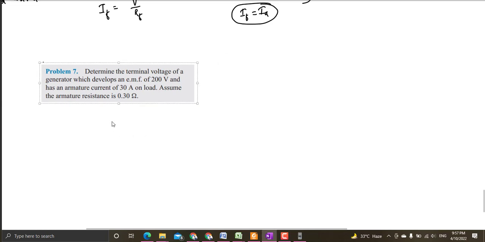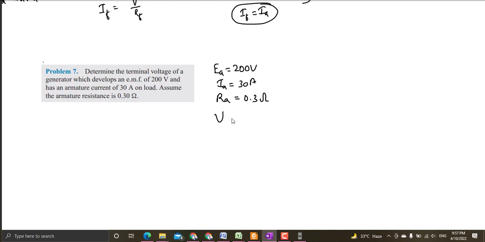The data given is EA, the generated EMF, is 200 volt, and the armature current IA is 30 amp when it is connected to the load. Assume the armature resistance RA as 0.3 ohm. You have to calculate V, the terminal voltage.